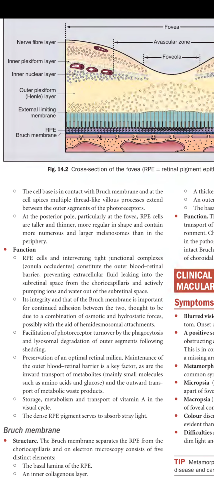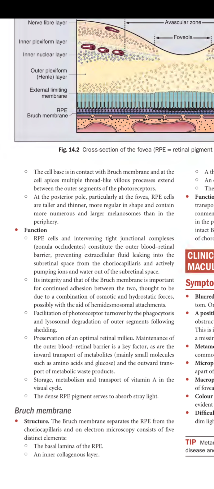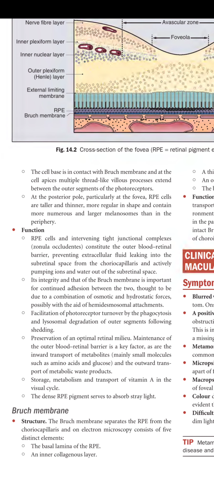So what are the functions of the RPE? RPE cells and the intervening tight junctional complexes, zonula occludens, constitute the outer blood-retinal barrier, preventing extracellular fluid leaking into the subretinal space from the choriocapillaris and actively pumping ions and water out of the subretinal space. So first, it provides the blood-retinal barrier.